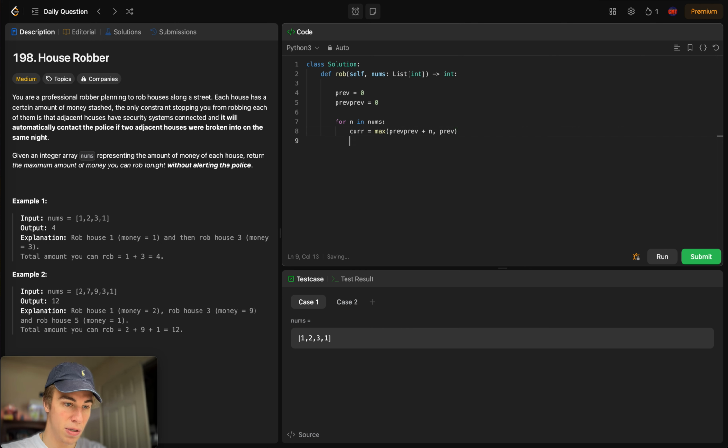Then I'm going to reset prev to be prev and prev to be current, and return the current.